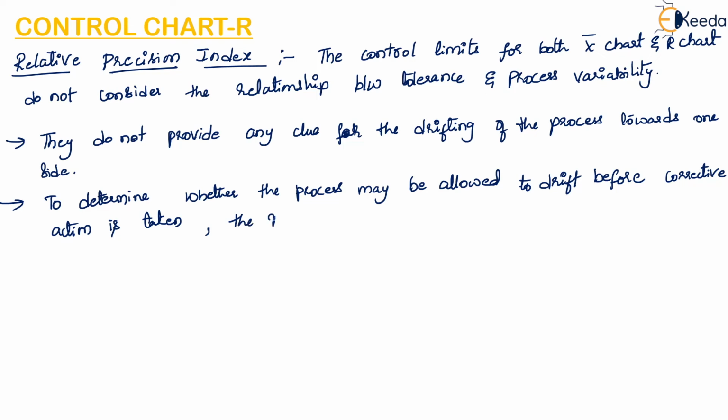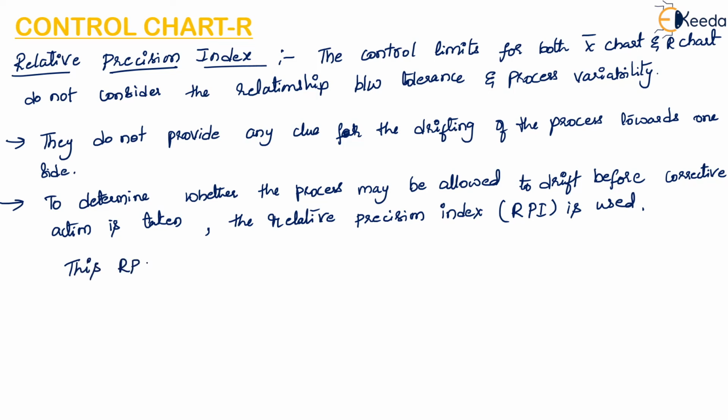The relative precision index, which is also called RPI, is used. So this will relate the process variability and the tolerance. This RPI relates the process variability to work tolerance.